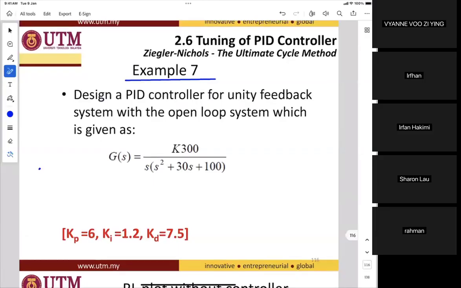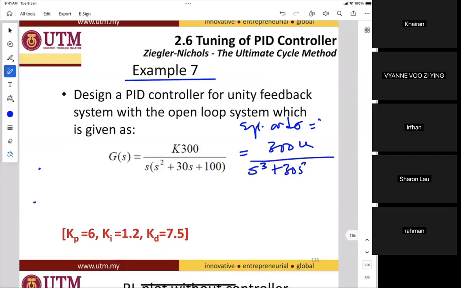So, Irfan Hakimi, what is the system order? System order, second order. Astaghfirullah, not second order. Sorry. Are you dreaming? Wait a moment. So this one is 300K over s cubed plus 30s squared plus 100s.